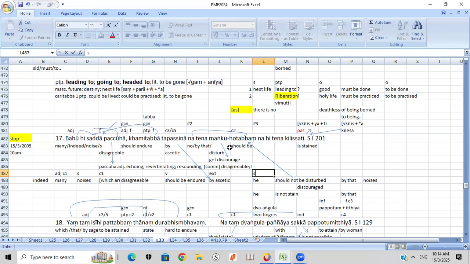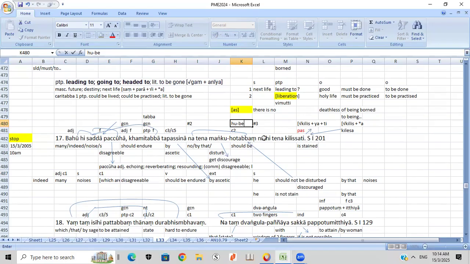Then what you do is, can you see the word here is hotabba. The root is hu, plus tabba. So hu means to be. The word hu is the verb to be. That means this one should be. So should be plus the na here, should not be.